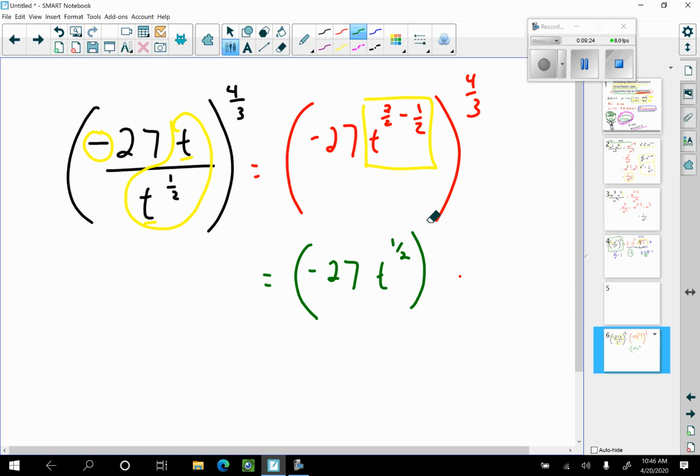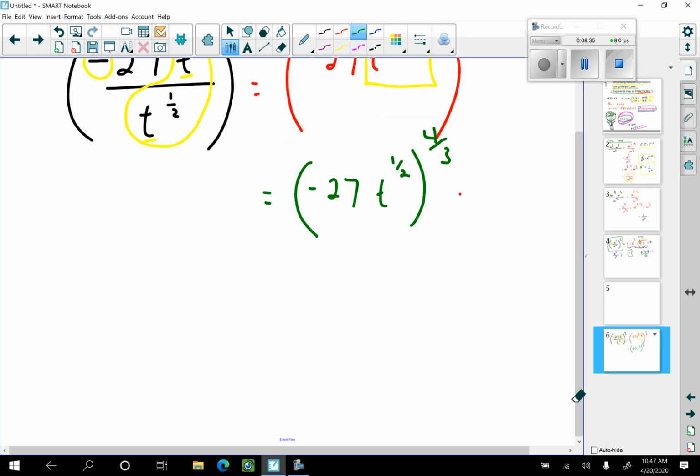And that's going to make this kind of easy. Now I have a power to a power, and I'm going to write 27 as a power of 3. This is going to be -3 cubed, t to the 1/2. And I'm writing out all the steps. I'm being very slow, meticulous with this.